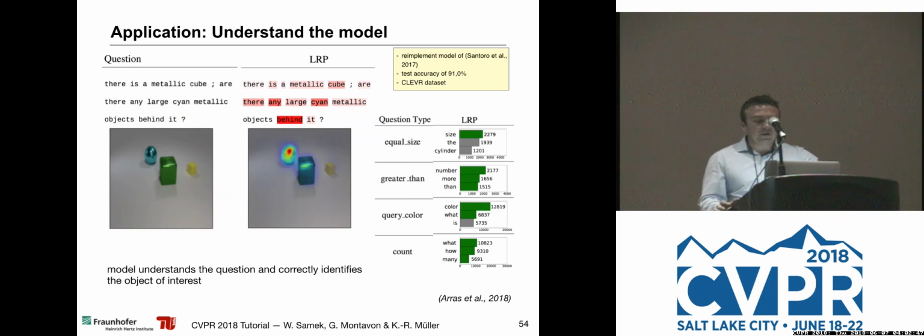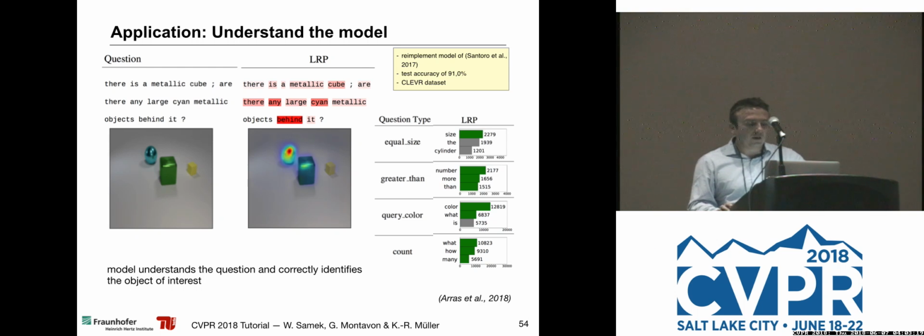Also, here is a verification that it works well on the VQA task on the CLEVR data set. We see, if you ask the question, where is the metallic cube? Are there any large cyan metallic objects behind it? Words like "behind" are very important. And you also see in the image that the model focuses on the right part. On the right you see different question types and relevances for the most important words.